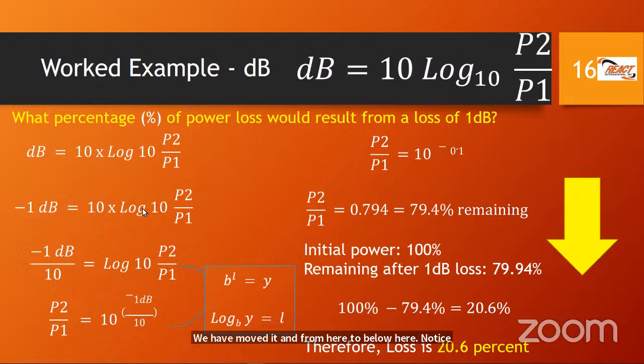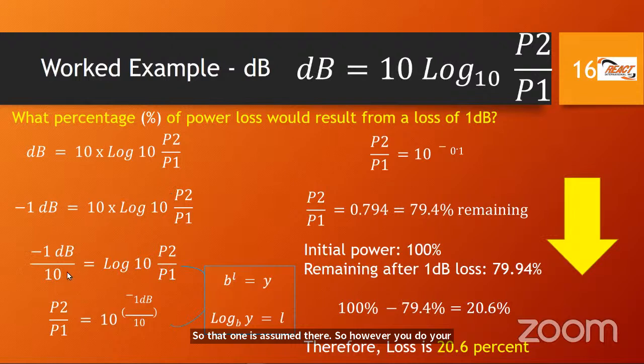Another way is we can divide both sides by 10. If we divide this side by 10, we get minus 1 dB over 10. And if we divide this side by 10, 10 over 10 is equal to 1, so that 1 is assumed here. However you do your algebra, that is what we're trying to do to go from this equation to this equation.